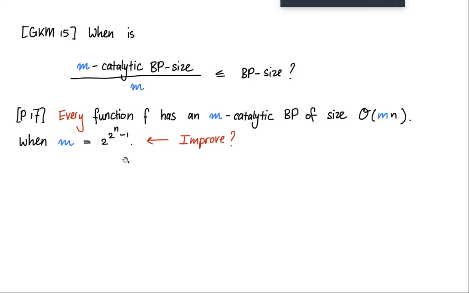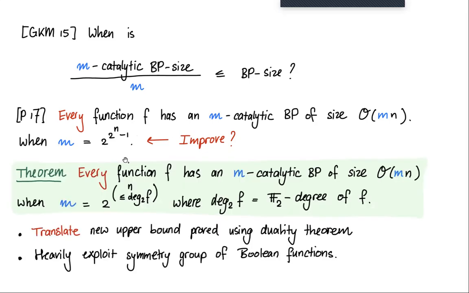And they asked, can we improve this? And we showed that indeed we can improve this. Namely, we showed that for every function f, there is an M catalytic branching program of size Mn, when M is 2 to the power n choose at most the F2 degree of f.